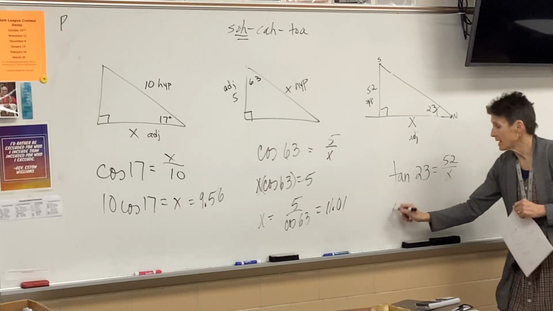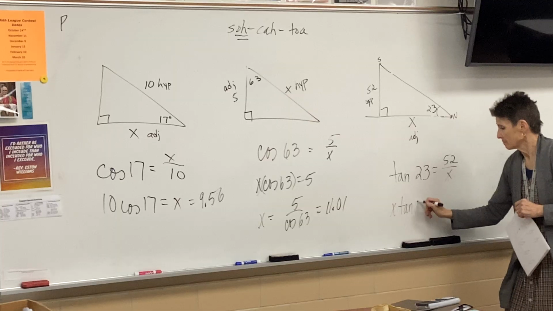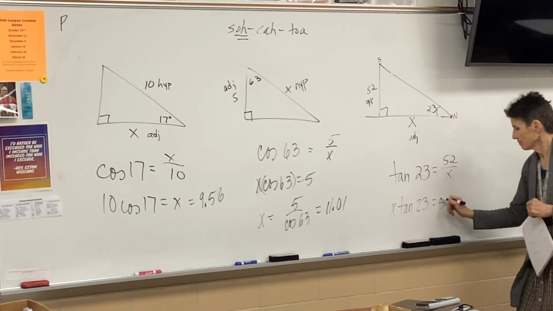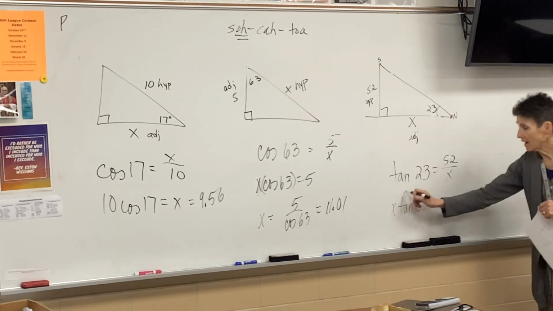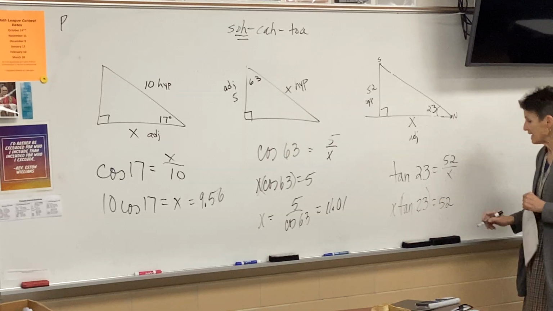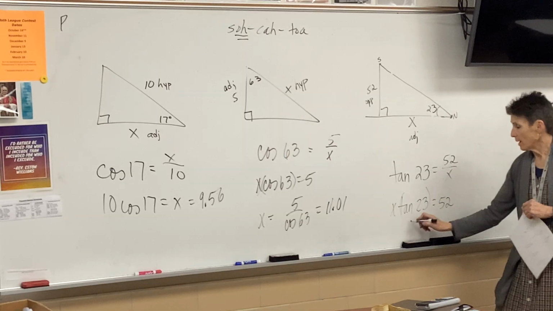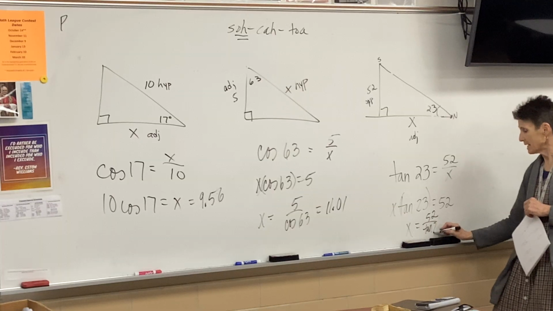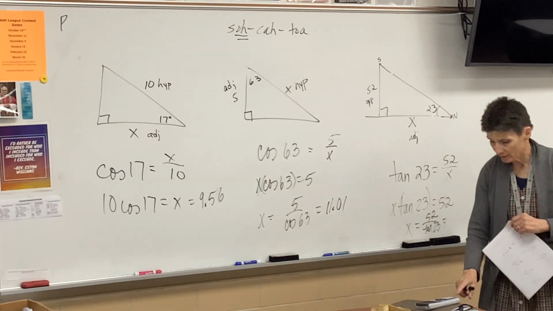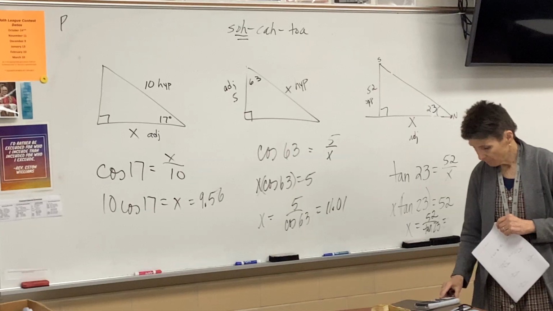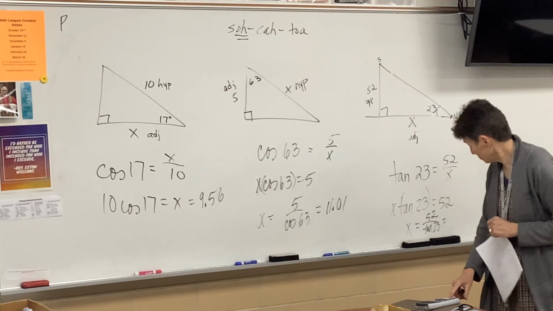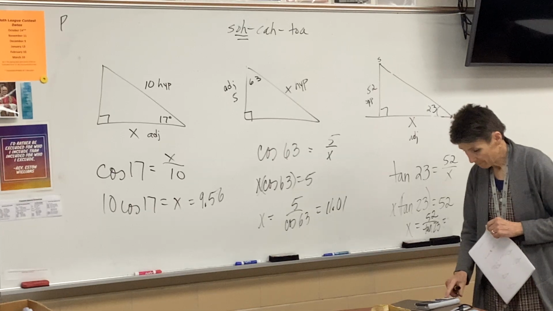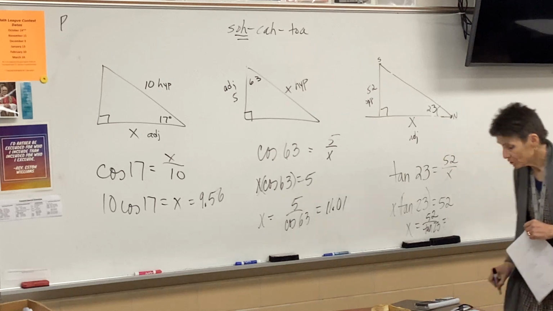Multiply both sides by x, and divide by tan 23. So x is going to equal 52 divided by tan 23. So we go to our calculator. 52 divided by tan 23. 122.50.